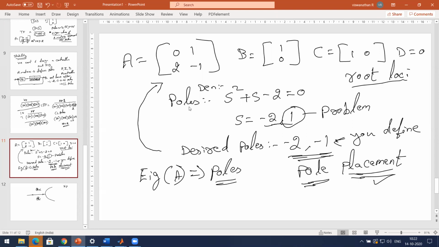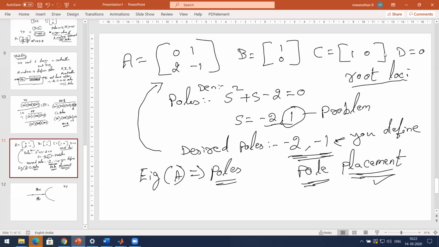Any other questions? You get a lot of freedom with the state space model, and many advantages, like you can handle multiple input multiple output systems. So there are many advantages with the state space model compared to the transfer function. You should be able to write ABCD matrices for different systems.